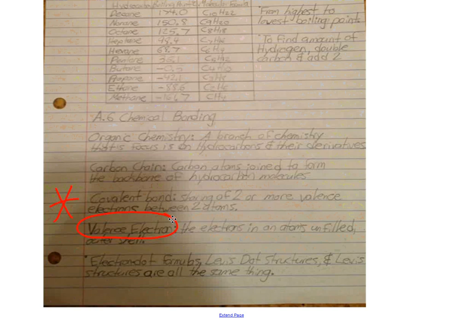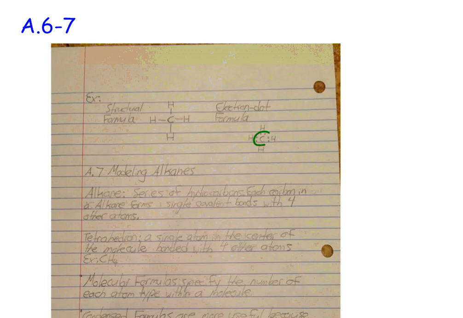Right, so when we look at the dot structures, where's Jack's dot structure? Yeah, here. We can look at carbon, and the carbon has 8 electrons around it. Hydrogen only has 2. Remember, hydrogen's a little special. It only needs 2 electrons to be happy, to be stable.